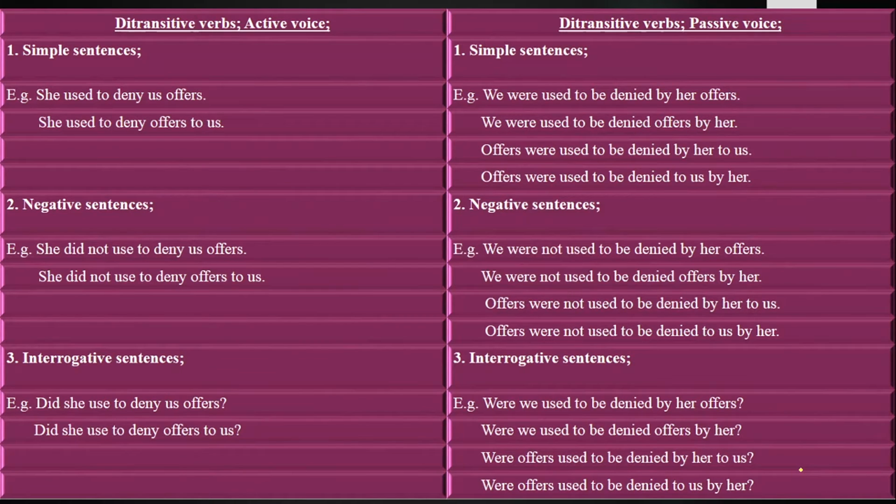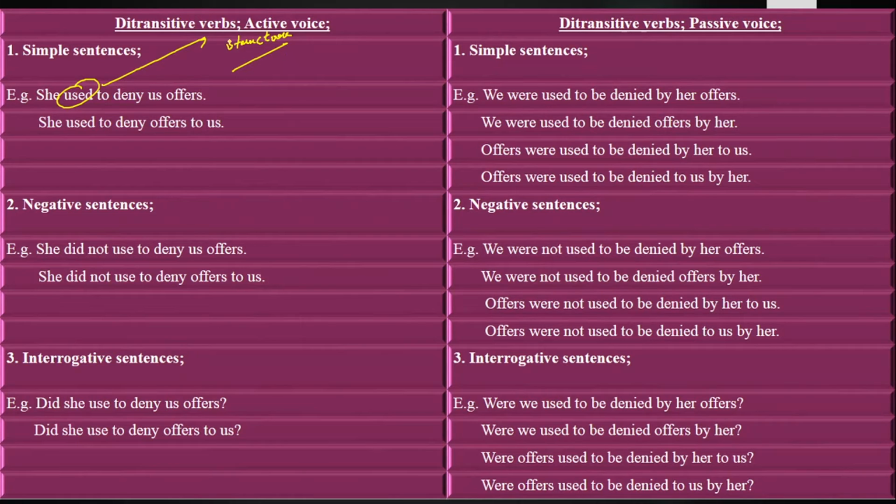Now our main target: how we are going to change them from active voice into passive voice in four ways. We have got "used to" today as a structure. As a modal auxiliary verb, we have already changed it in the previous lecture, and now we will be changing it as a structure.